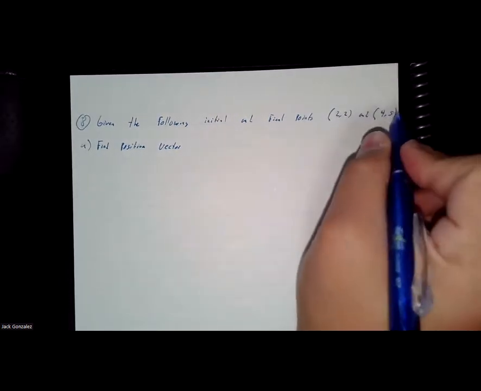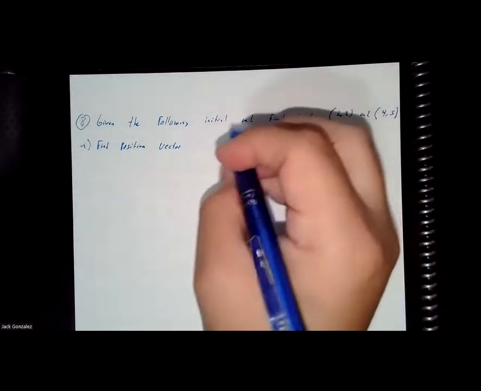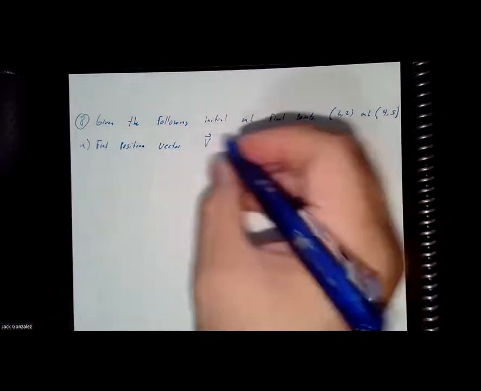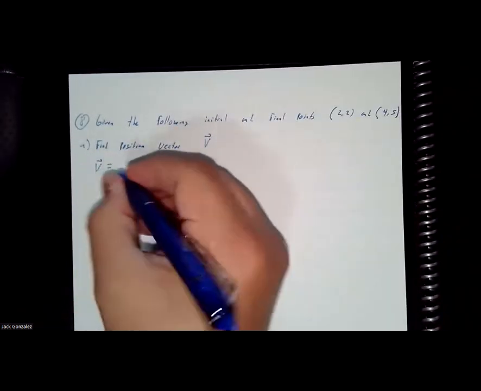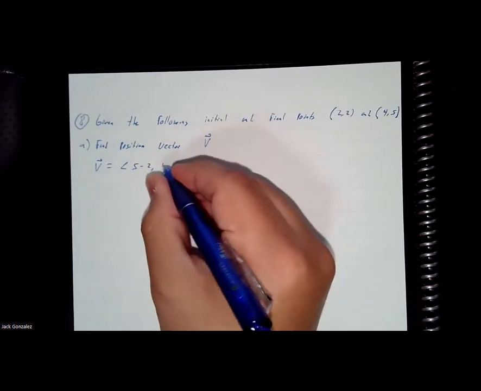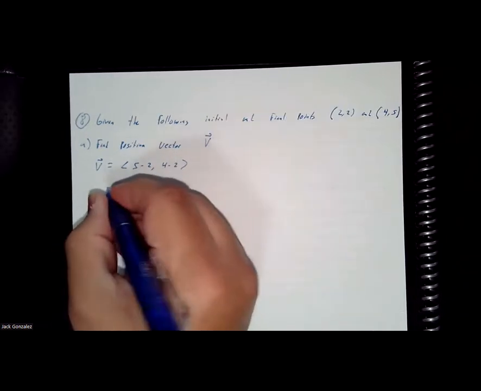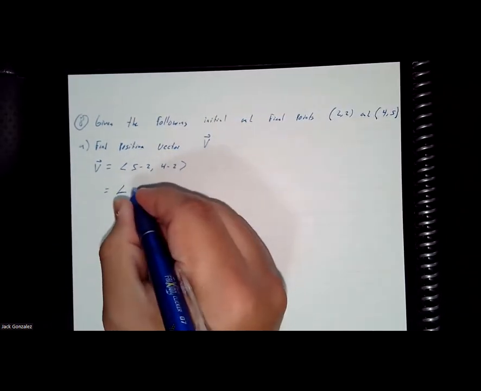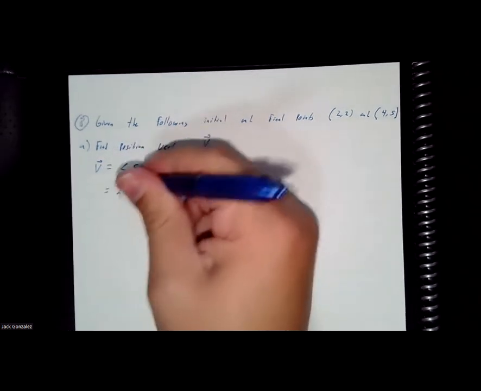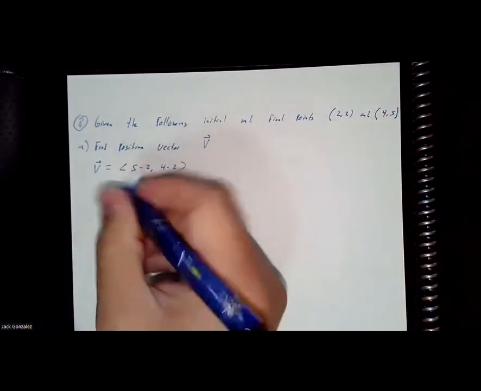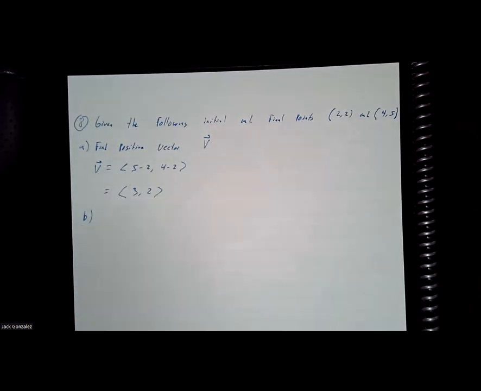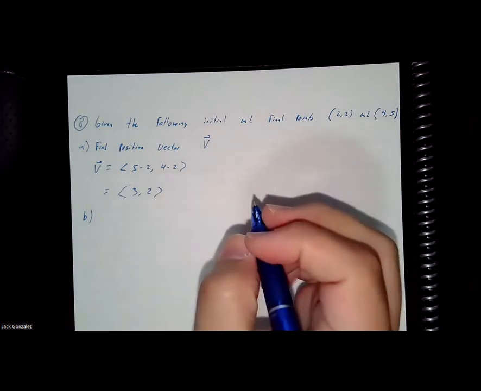So all you got to do is subtract the final minus the initial to find the vector v. We'll call it v. So v will equal 5 minus 2, 4 minus 2. So that'll be 3, 2. Vector 3, 2. Magnitude of v is the magnitude of the vector you just found.